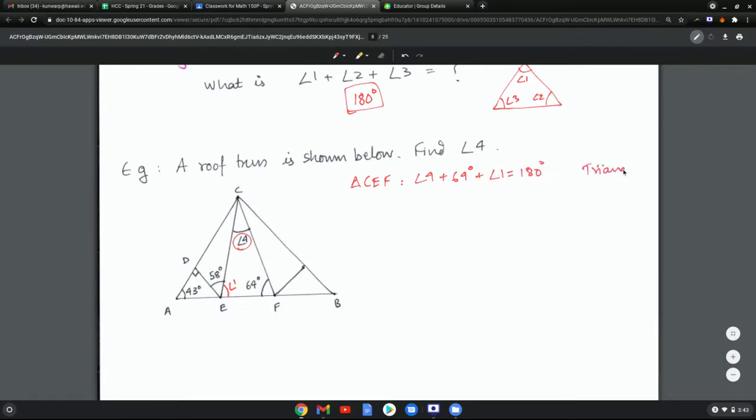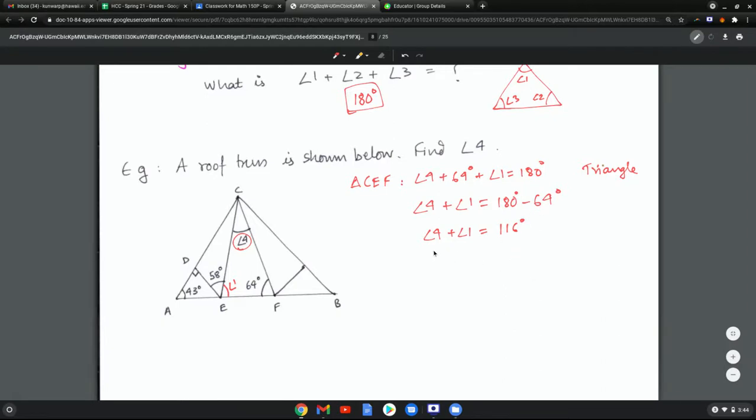Because it's the sum of angles of a triangle. Solving this gives me 180 minus 64, or I get angle 4 plus angle 1 equals 116 degrees.